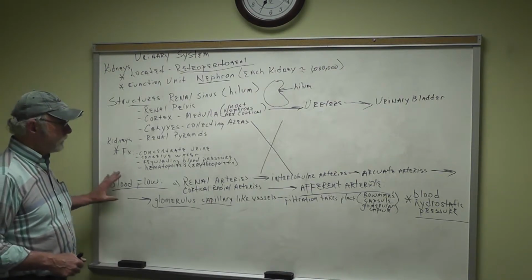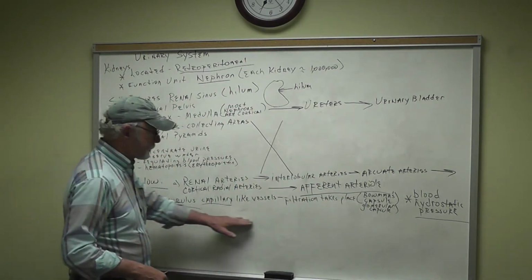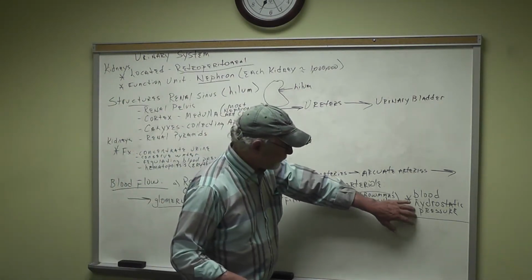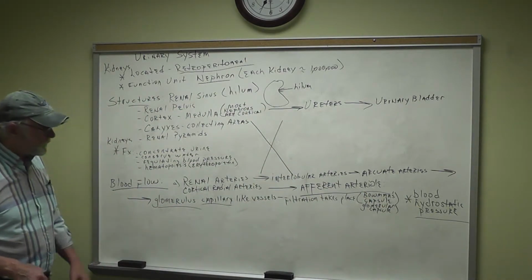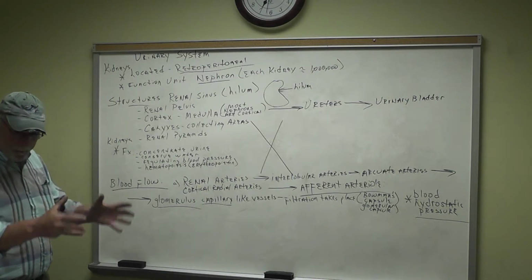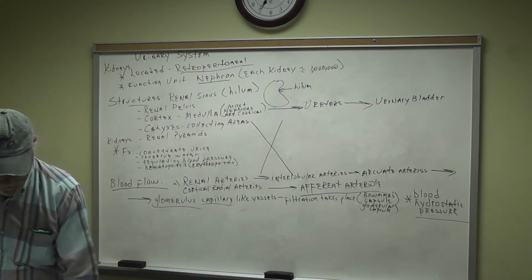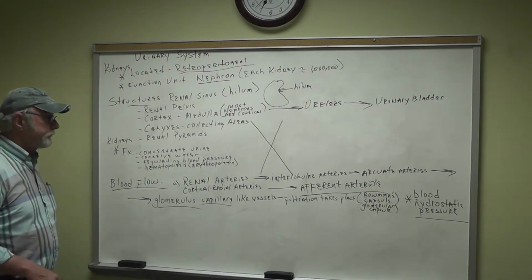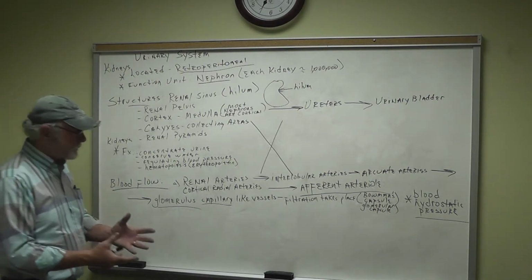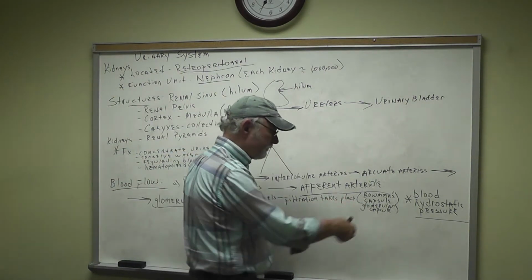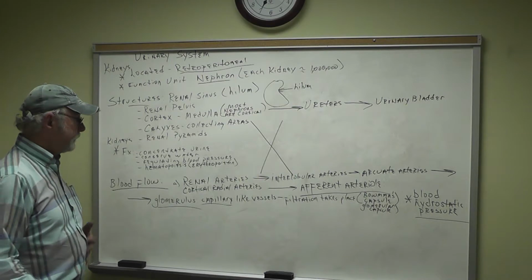So we've entered in through the afferent arteriole, gone into the capsule. Because the blood hydrostatic pressure in the glomerulus is higher than in the capsule itself, water and dissolved substances are forced out, okay? And then they collect in this capsule.